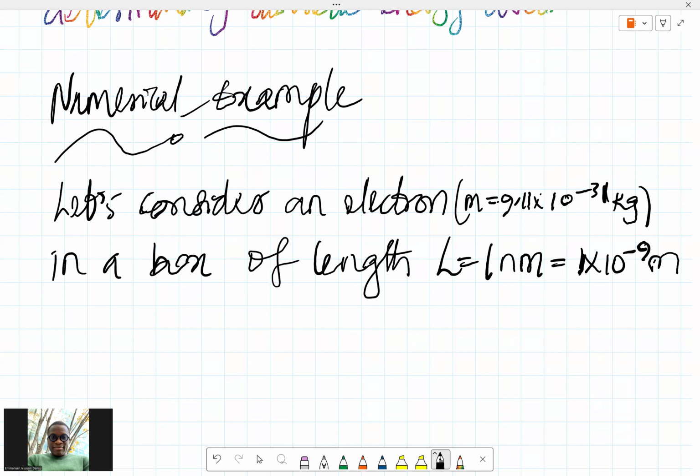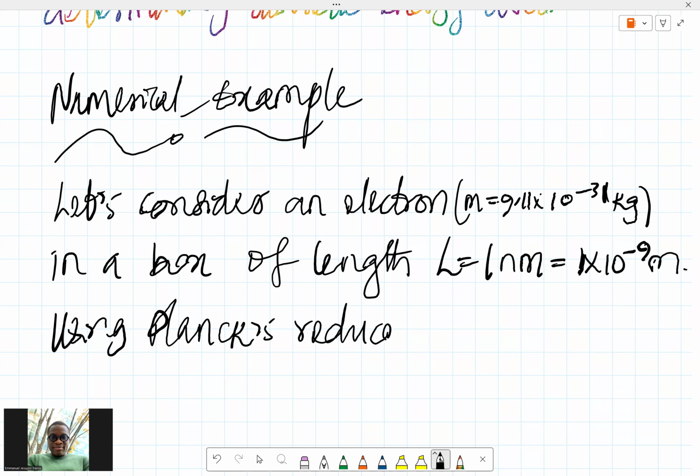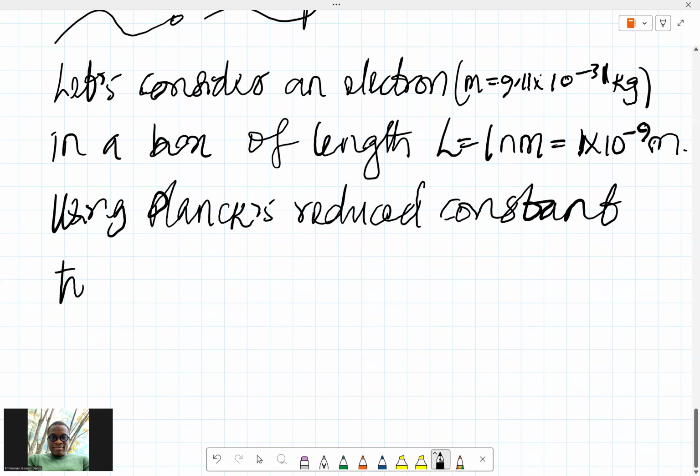Then, using Planck's reduced constant, which is h bar equals 1.055 times 10 raised to power minus 34 joule second.